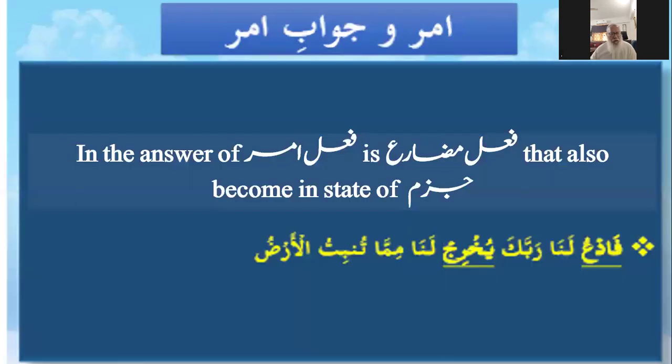The next topic is amr and jawabul amr. In the answer of fi'l amr, the fi'l mudari also becomes in a state of jazm. We have talked about it. فَادْعُ لَنَا رَبَّكَ يُخْرِجْ لَنَا مِمَّا تُنْبِتُ الْأَرْضُ. Adu, it was adu.